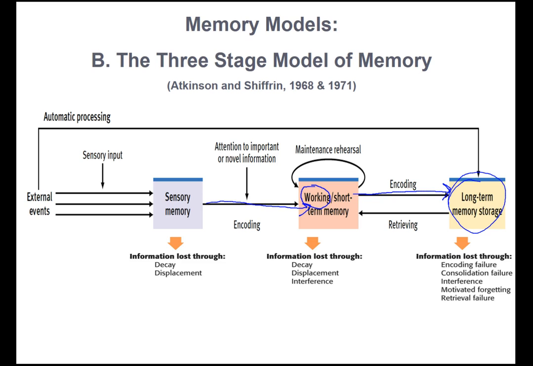Also, there's a lot of things that we have stored in long-term memory that we retrieve. So I'm going to ask you a question right now. This is a retrieval cue. I want you to think of your high school graduation ceremony. By asking that question, you've probably just searched long-term memory for that information and retrieved it.